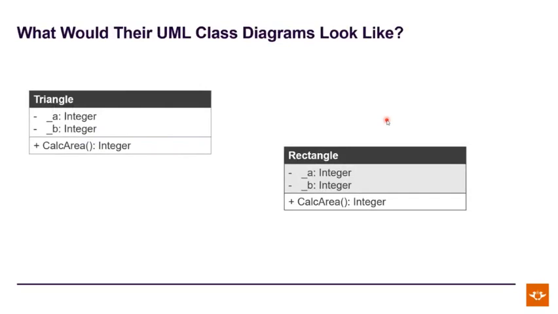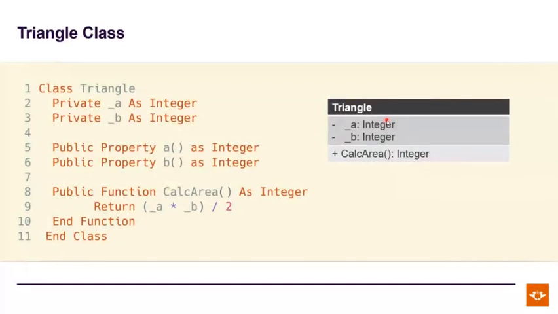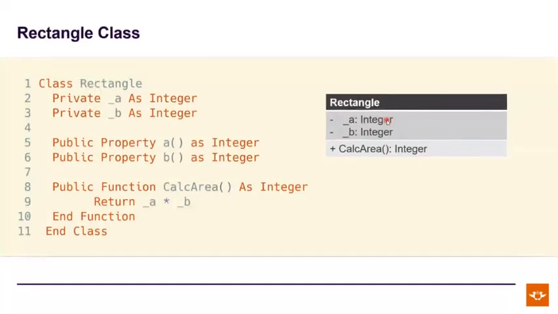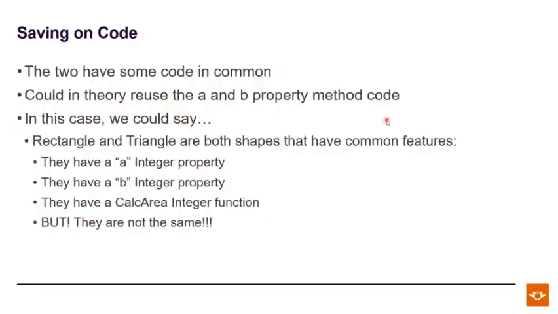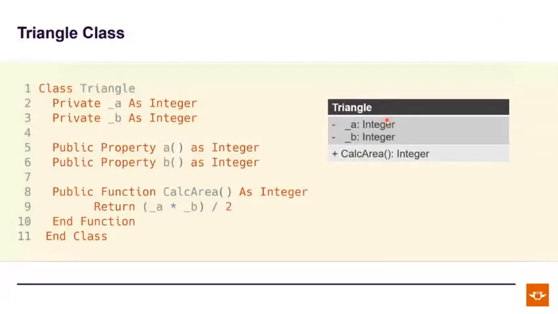Area, A and B. Okay, so we can then create, and this I'll look in the code for triangle and rectangle. So if we look at them, they are almost identical except with the calculation of area being different. Except for that, they're almost identical in the attributes and the fact that they can calculate an area.